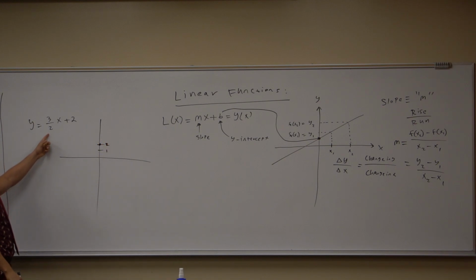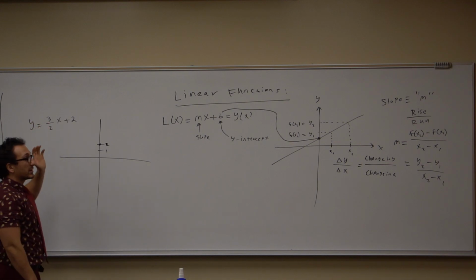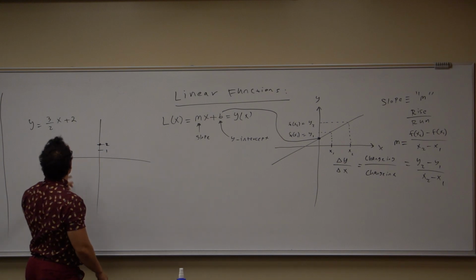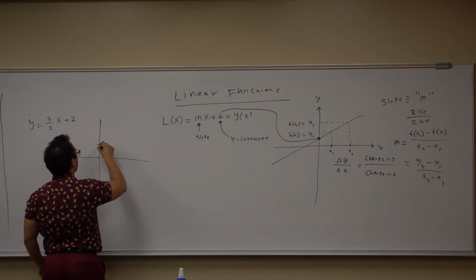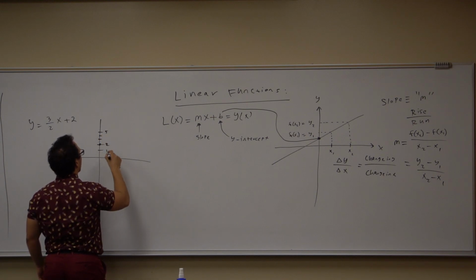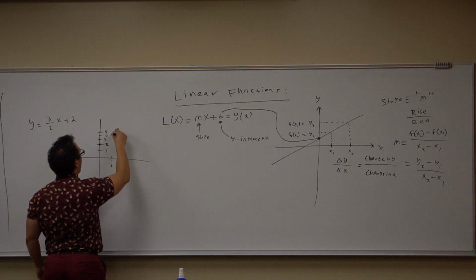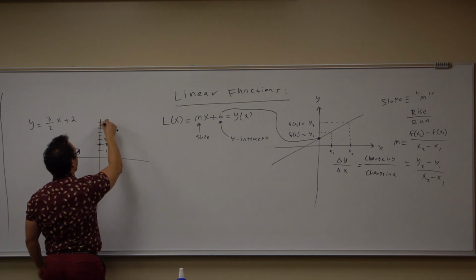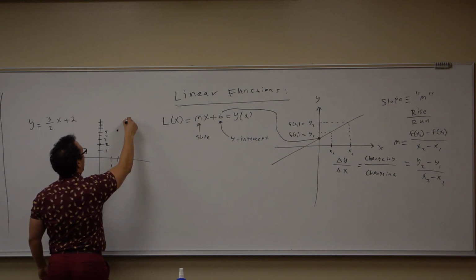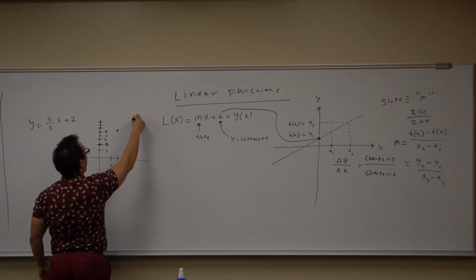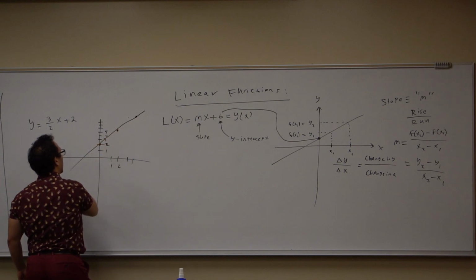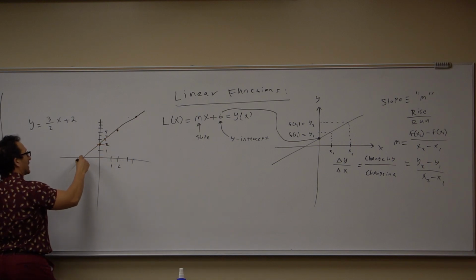Now, this slope, 3 over 2, tells us that it will go up by 3 units and to the right by 2 units because it's positive. That means the line will go up 3, over 2, I put a dot. Up 3, over 2, I put a dot. I connect these dots, and we'll see that it's going to touch the x-axis here.